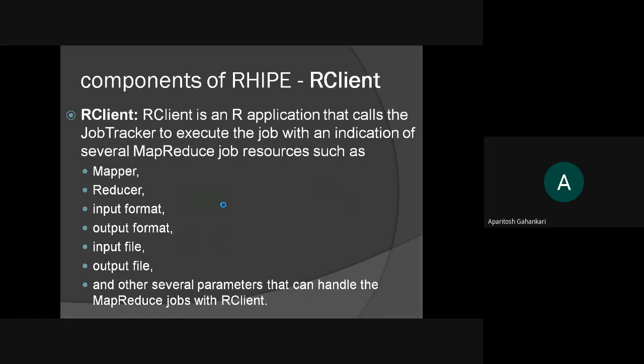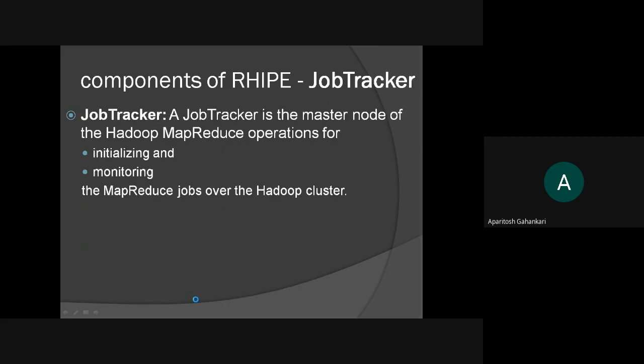Then to execute the job, it indicates the MapReduce job resources such as mapper, reducer, input format, output format, input file, output file, and there are several other parameters that can be handled by these MapReduce jobs with the help of R client.